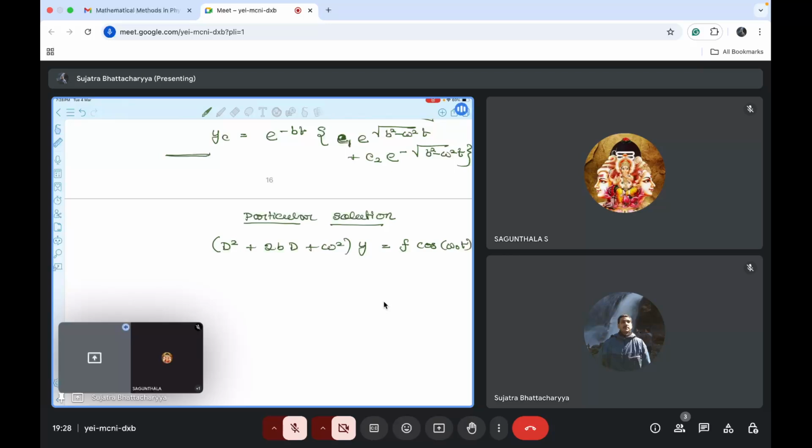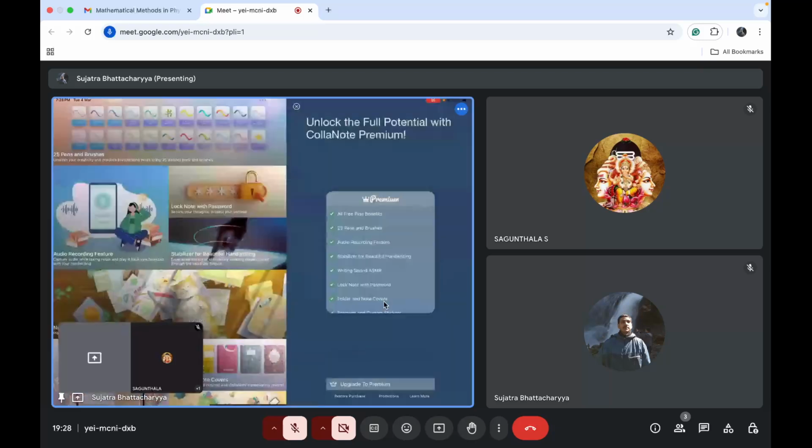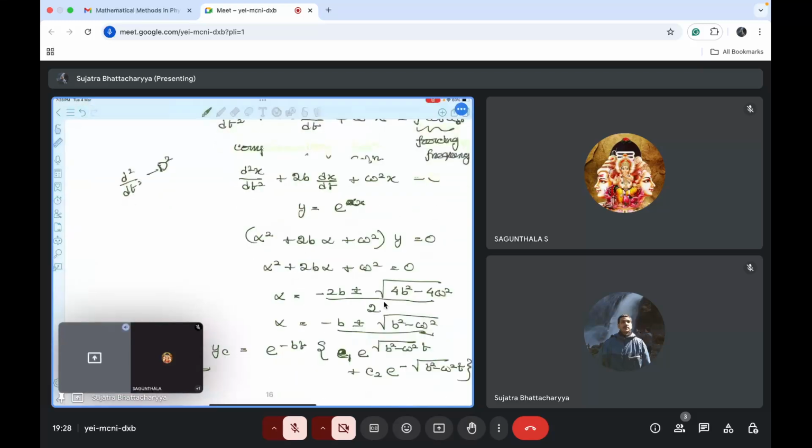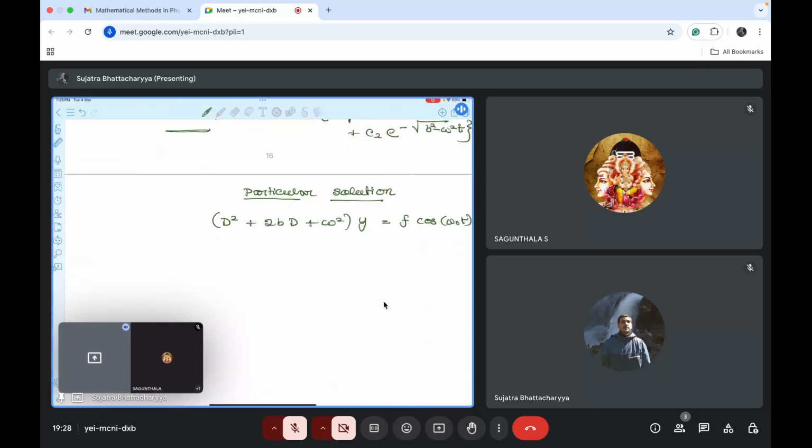I'm writing d2/dt2 as D square, and in the same way d/dt as D. So for the particular solution, simple: F is a constant quantity, cos omega naught t divided by D square plus 2bD plus omega square. And how to solve it?